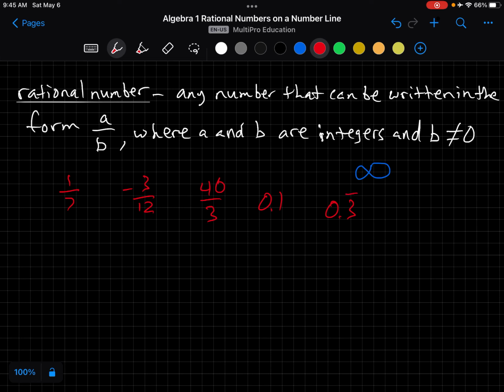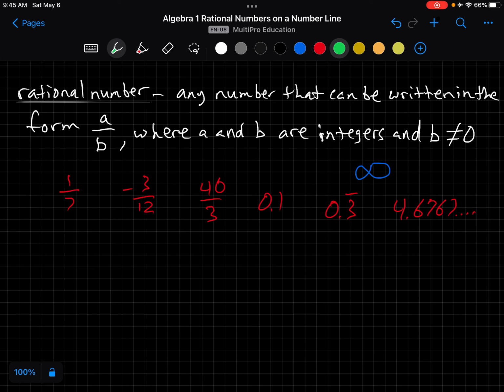What about 0.3, but the 3 is repeating? What about 4.6767 and so on, where the 6 and the 7 continue to repeat? I'll let you guys think about that, and you can provide me some answers in the comments.